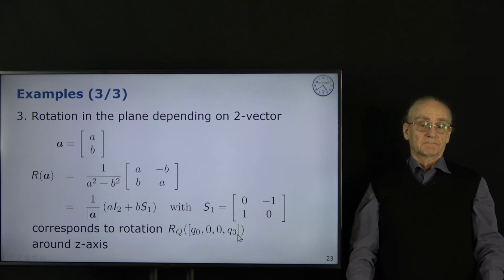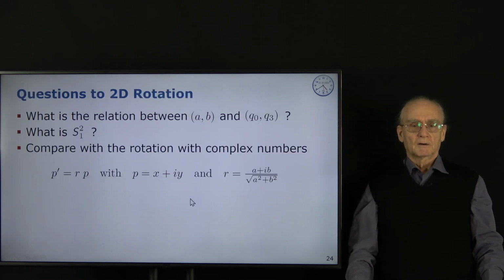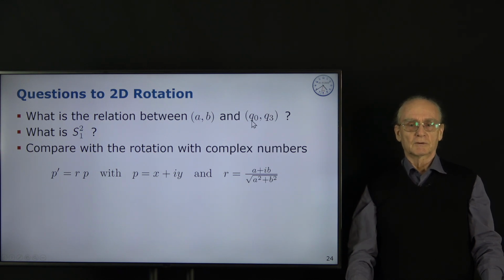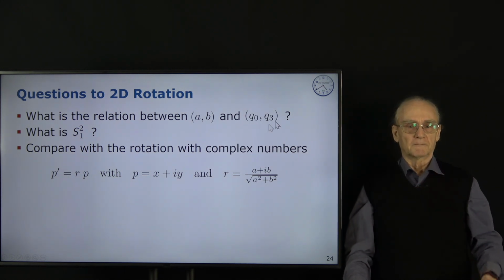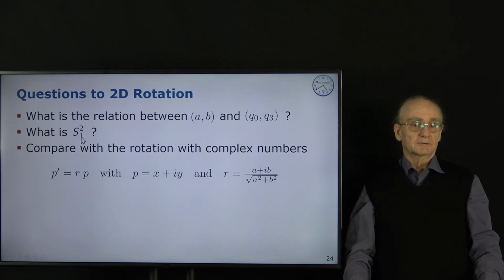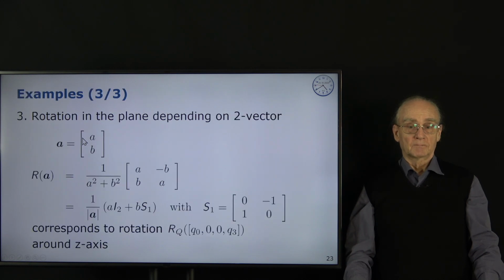Okay, there are some questions which I just want to pose. How is the relation between these scalars a, b and q0 and q3? So how is the relation between this rotation in 2D and the rotation in 3D? Then try out what happens with squaring S1, this matrix.